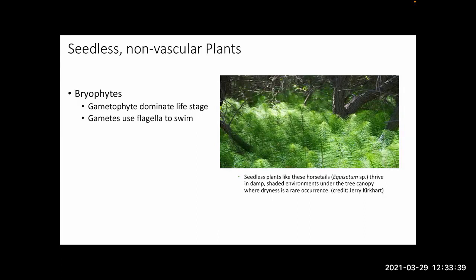If you get in a little closer and examine the moss, depending on the season, you may see little spore capsules growing out of the green leafy structures on those moss plants. Those spore capsules are the sporophyte portion of the life stage. And with bryophytes, all of the groupings have to have water for the gamete to swim to the egg for fertilization. If you don't have water, then that's not possible.